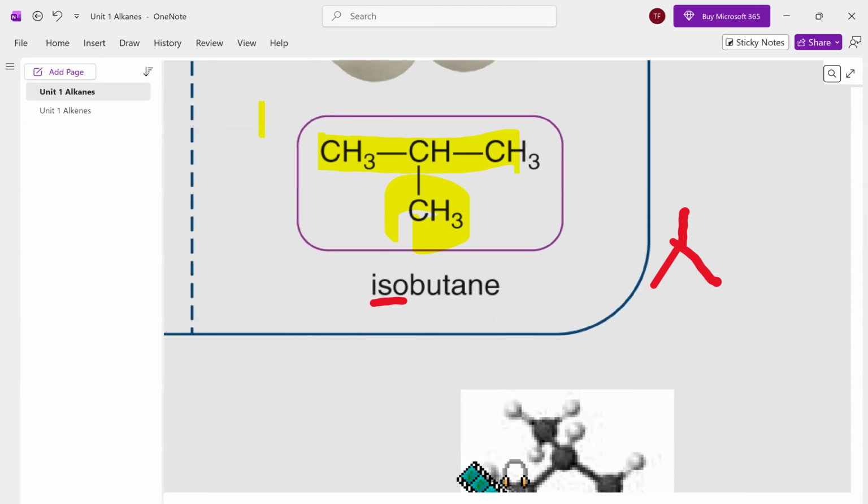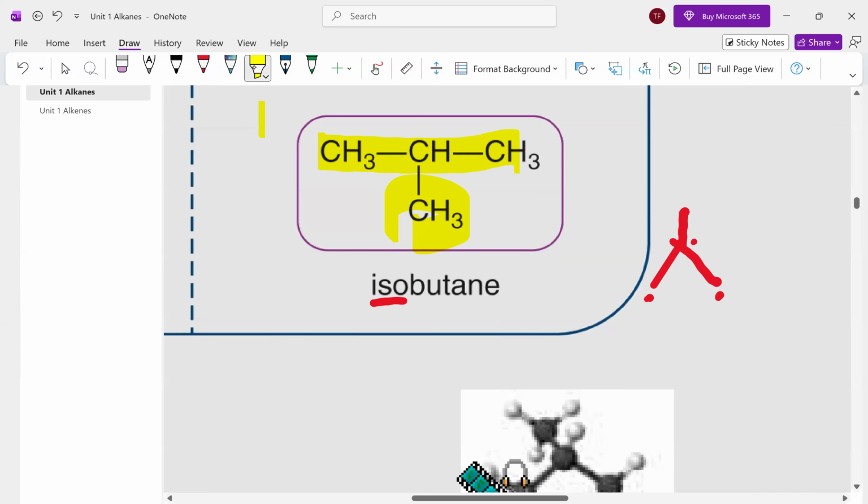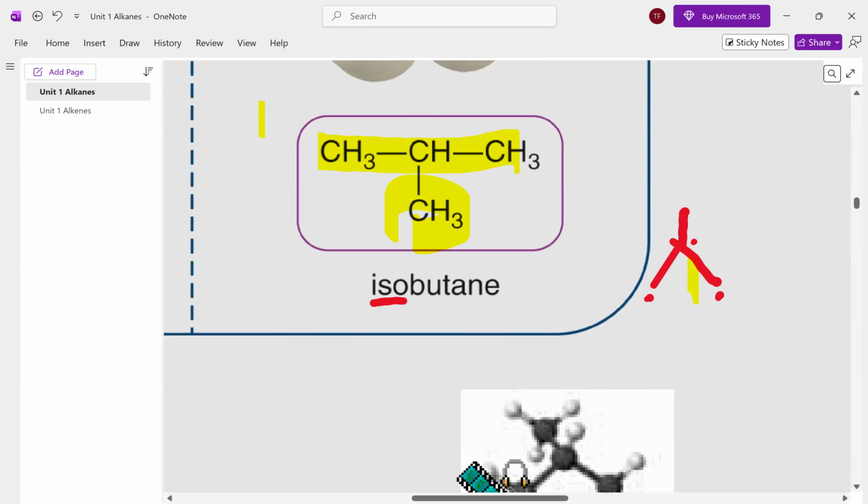Okay, so we have beginning carbon, end carbon, kink. So that's the backbone, one branch.